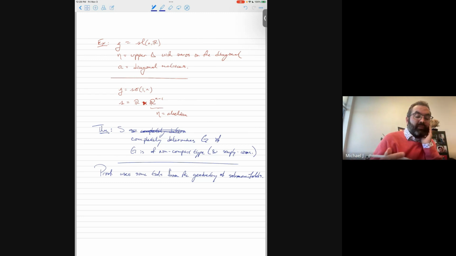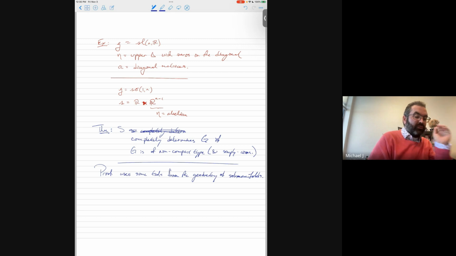You can list off all the real simple Lie algebras of non-compact type in a certain dimension. This is a finite list. You could compute all of the data from the Iwasawa decomposition. You can compute the n, you can compute the a, and then you can take their semi-direct product to get this s. And you could look at this list, and then you could say, well, the s's that show up on this list, they're distinct. So none of them coincide, and therefore the s tells you the g.